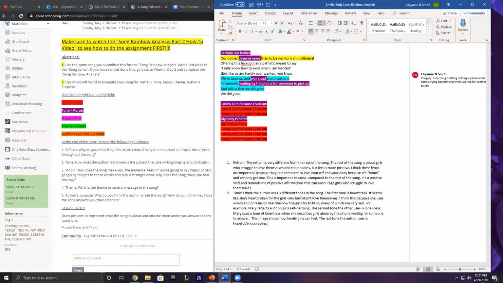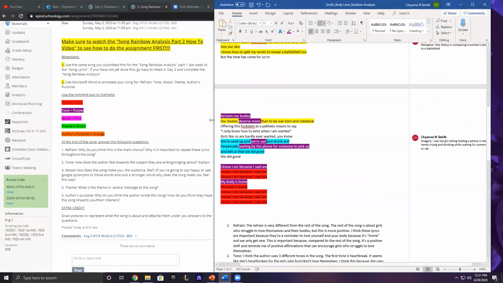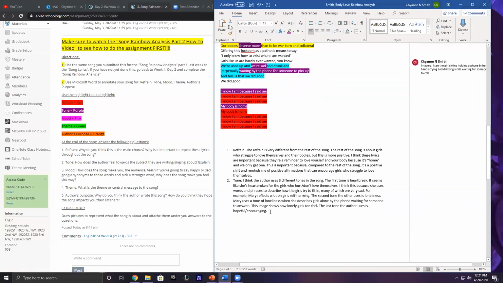And then I really talk mostly about this final stanza, but I could have also talked about the word choice, like where she says we need to reclaim our bodies and we deserve more. So why don't I add that in?